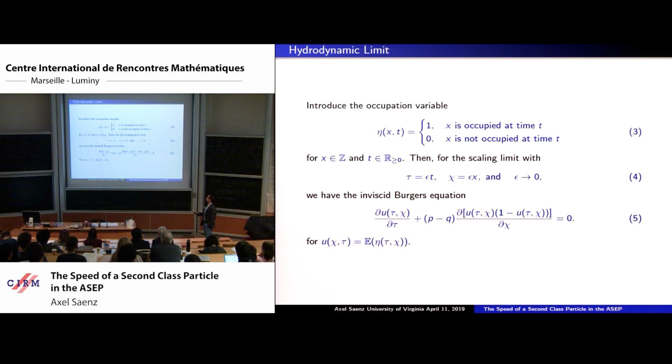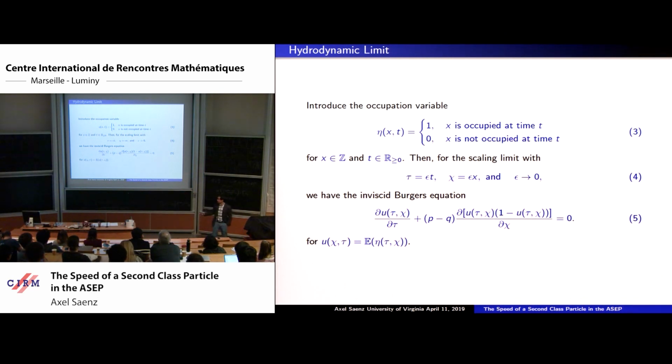In this hydrodynamic limit, we scale things by epsilon, send it to 0, and we get this Burgers' equation, which is satisfied by the density. This is the expected value, which, since it's an indicator function, is just the probability. It's the density of our particle. So really, it describes the density profile of our particles as it evolves.